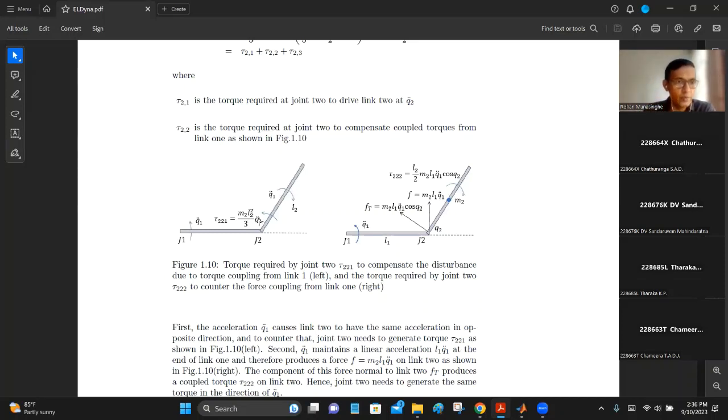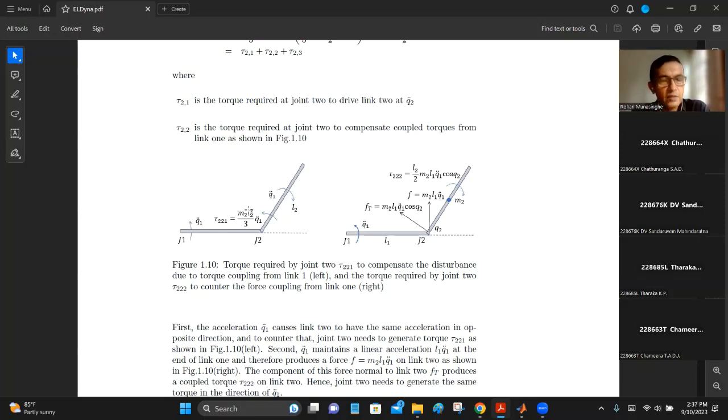The acceleration is coming from link 1. You cannot change it because that is the requirement. You need to have Q1 double dot as link 1 acceleration. So the second link has its own inertia at the lower end of the link, and acceleration times inertia is the torque. The torque is in the clockwise direction because it's tipping over the other way. And to keep it from tipping over, joint 2 has to produce the opposite torque. Opposite torque means the same direction as Q1 double dot.